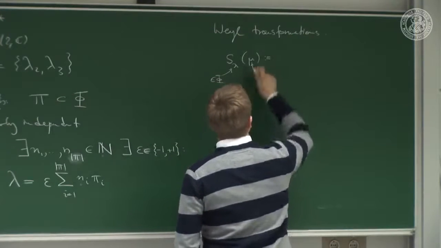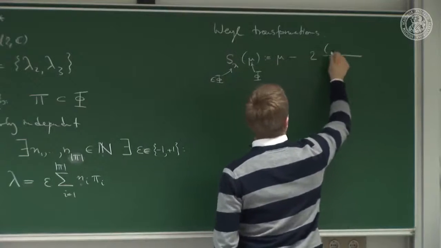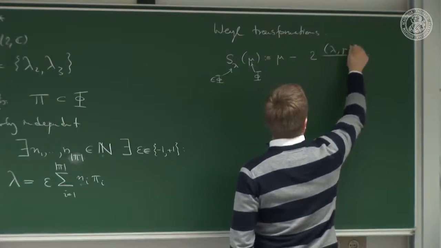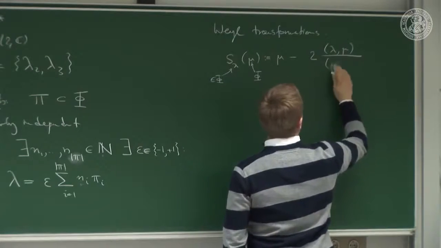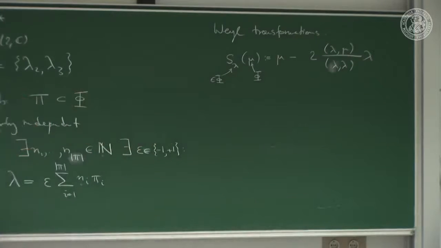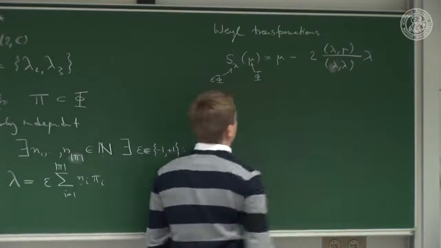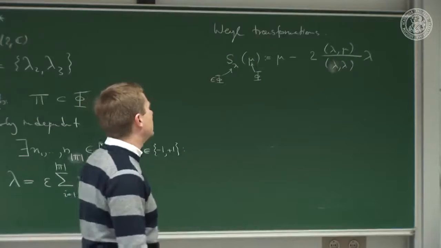And this was linear in mu, so this was mu minus 2 times (lambda, mu) by (lambda, lambda) times lambda. So this is decidedly linear in mu, but it's also decidedly nonlinear in lambda. This is the Weyl group.